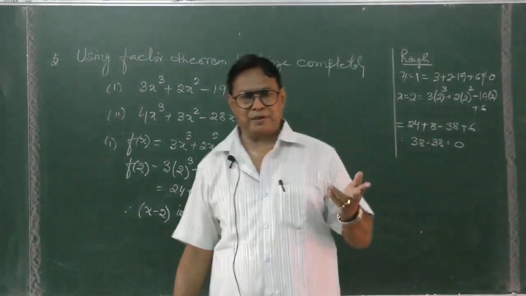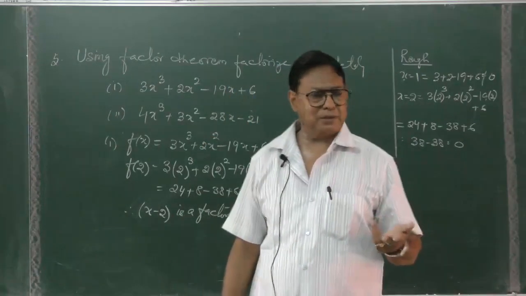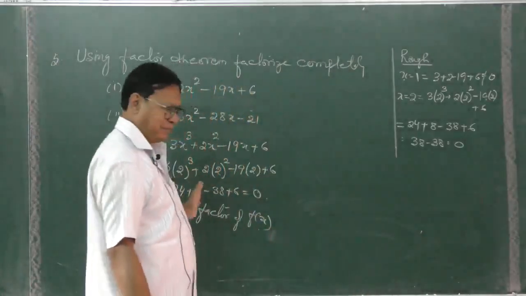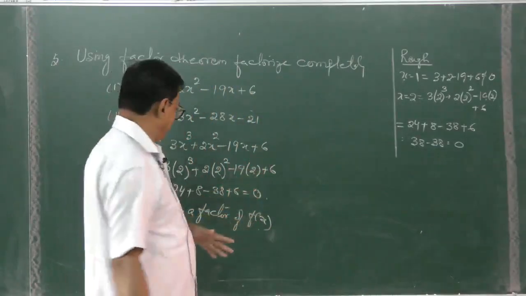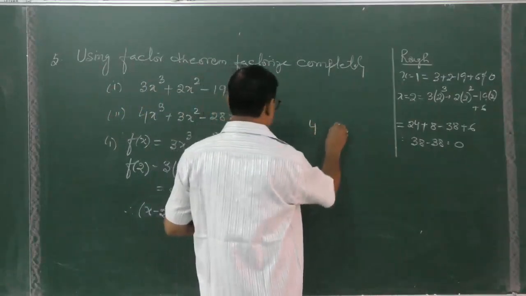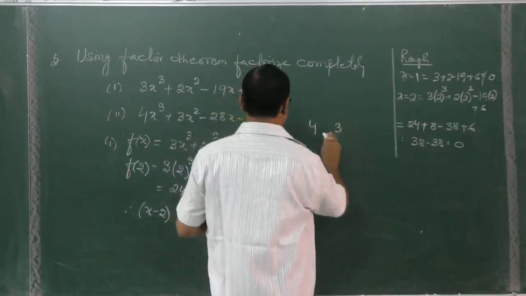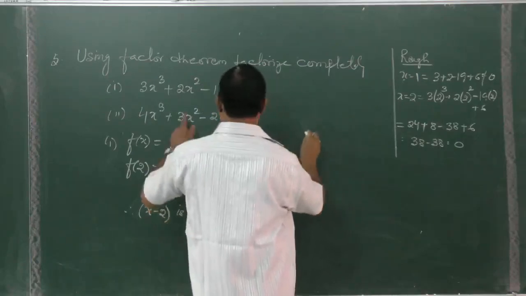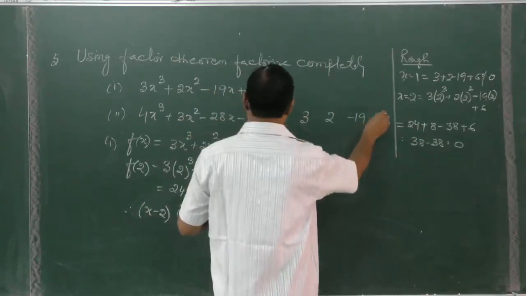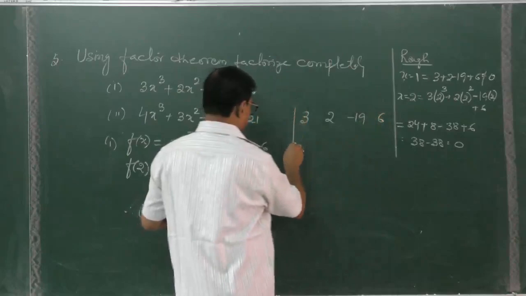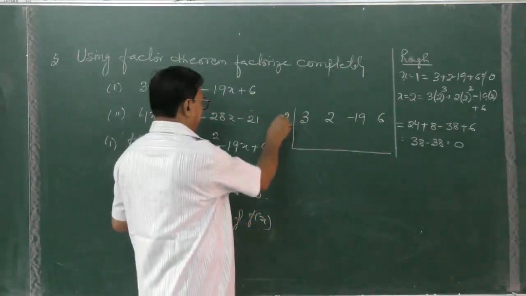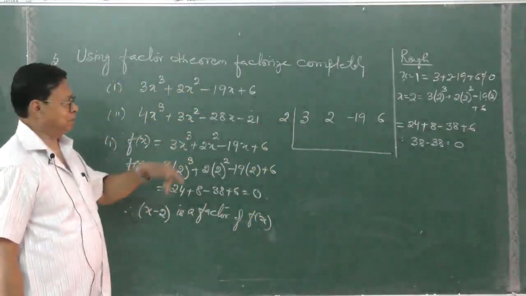For the remaining factors, it's a third degree equation, so there will be 3 factors. So again you divide and get the other factor. I'm dividing it by Horner's method, a new one for you. We put 2 here, because we are putting x equal to 2.